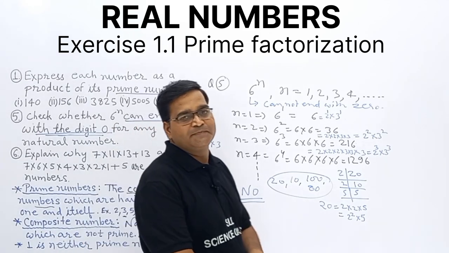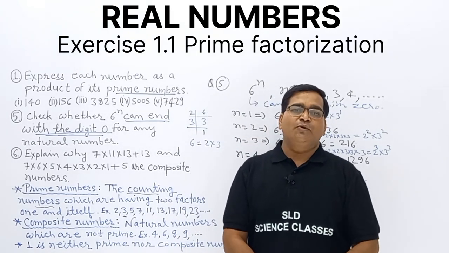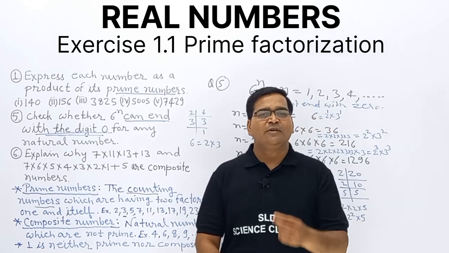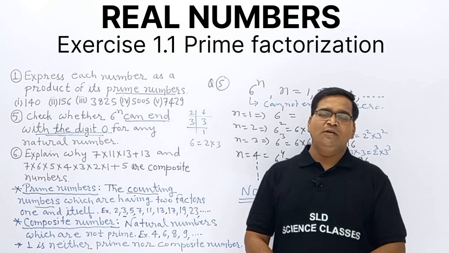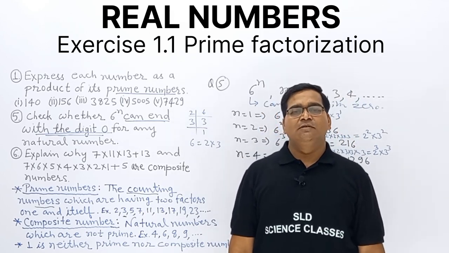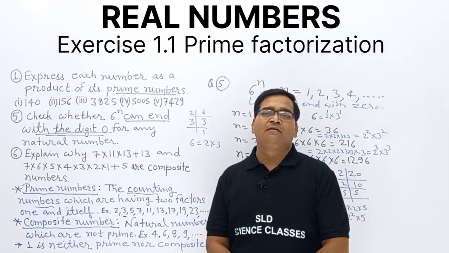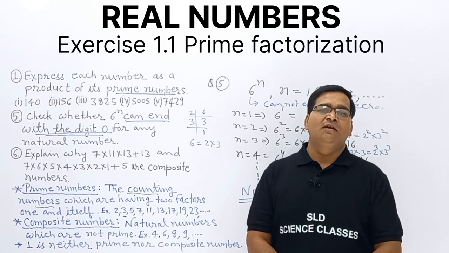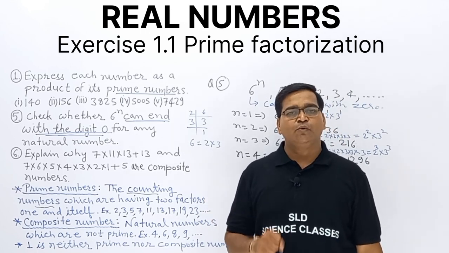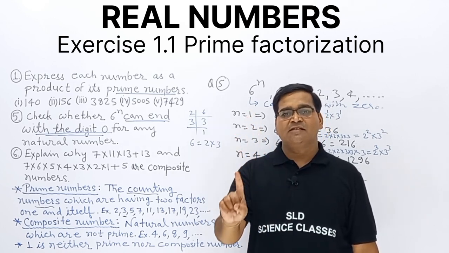I hope you are observing and getting the solution of these questions. So today what we studied, I am going to explain in 1 to 2 minutes, so listen carefully. We started with chapter 1, Real Numbers. I already explained the introduction of this chapter, and today I started with prime factorization, exercise 1.1.